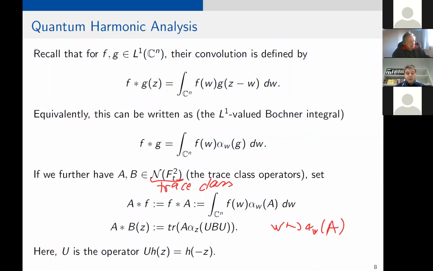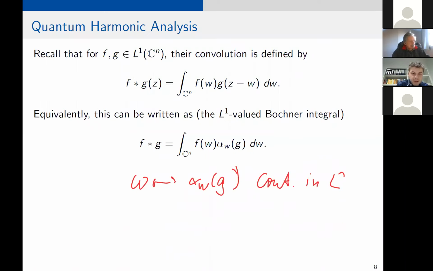I'm sorry, one question. In the definition of the convolution of A and f, is it equivalent to apply the group action to the function f? Well, then you have to worry about integrability. So what you're asking is if this is the same as alpha V of f against A. Yes.